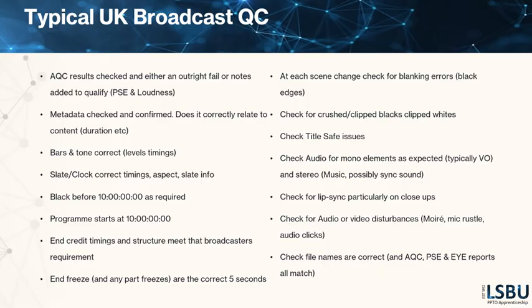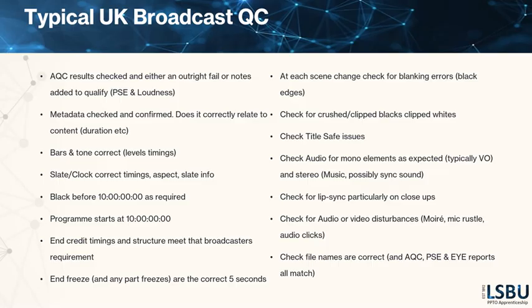And we check the file names are correct, and that the AQC, the PSE, and any eyeball QC reports all match. That seems like a fairly simple thing, but if your program has a specific name and let's say it has a clock number, so it actually has a series of numbers and letters referring to what that is, and the system that plays that out at the right time in the right place is pre-configured with that file name, if you name something incorrectly, it might get lost in the transmission chain.